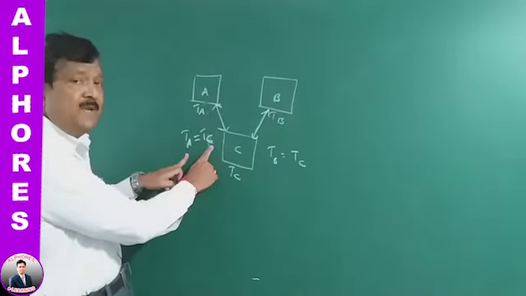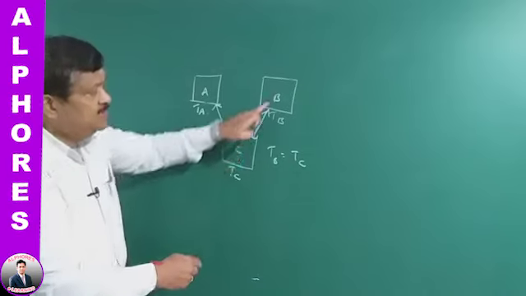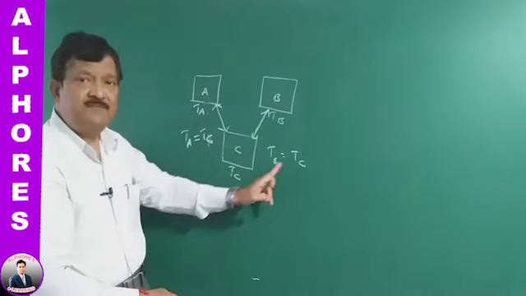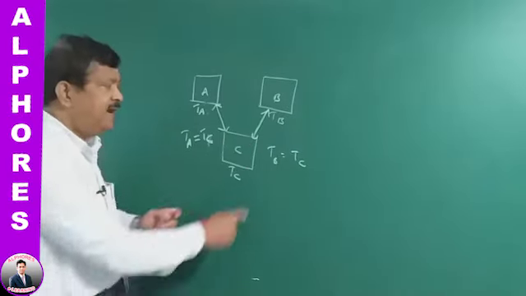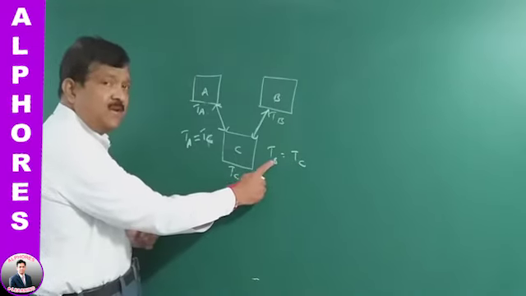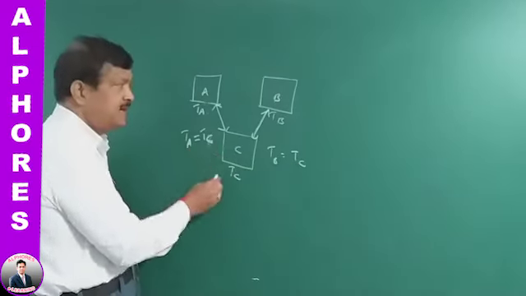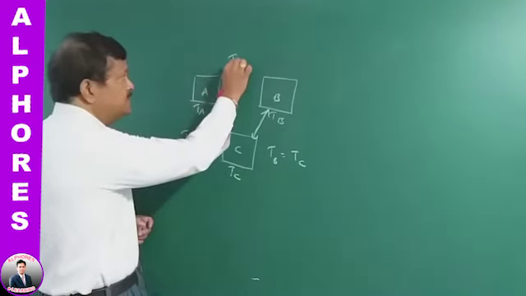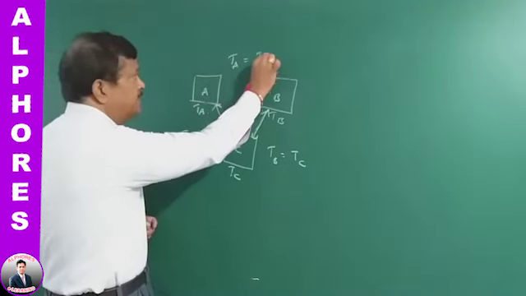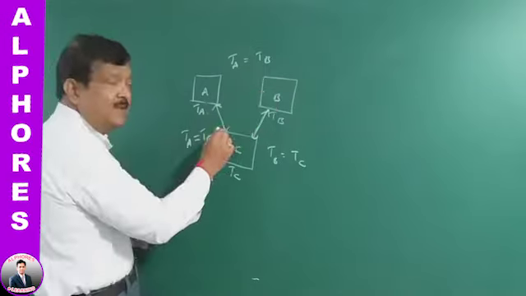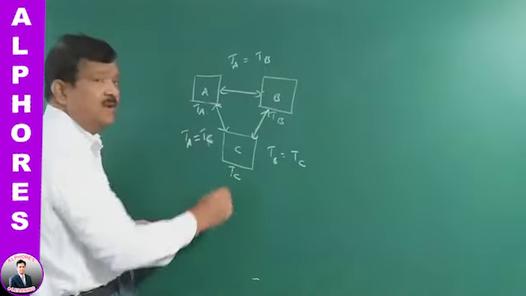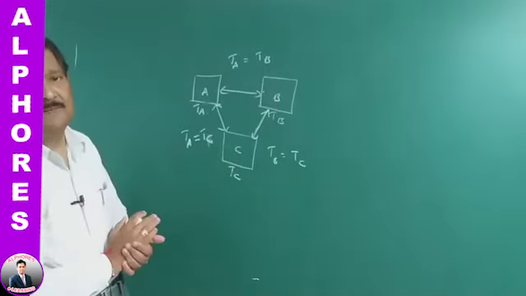Then we said the temperatures of A and C are equal. When these two are in equilibrium, the temperatures of these two are equal. Very clearly, TC, the temperature of C, is equal to that of B and also that of A. That means the temperature of system A and the temperature of body B are both equal. That means they are also in thermal equilibrium with each other.